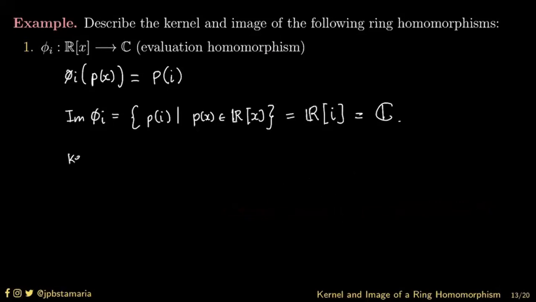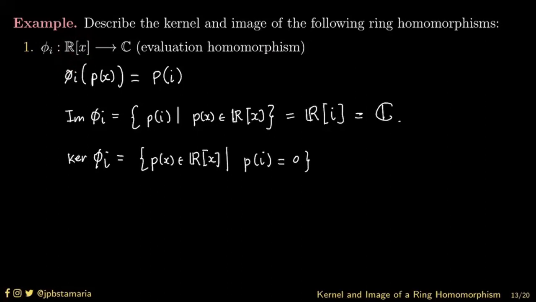As for the kernel, laman naman nito, mga polynomials in the domain, mga real polynomials, which when evaluated at i, it gives you 0. Sige nga. So this is quite a challenge. Now, paano nyo malalaman yung mga real polynomials which evaluates at i to 0?